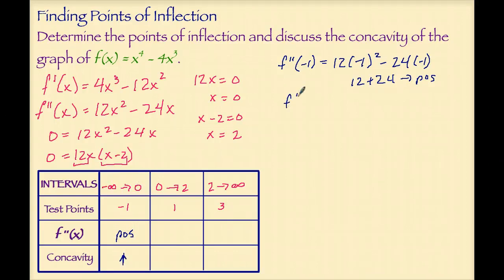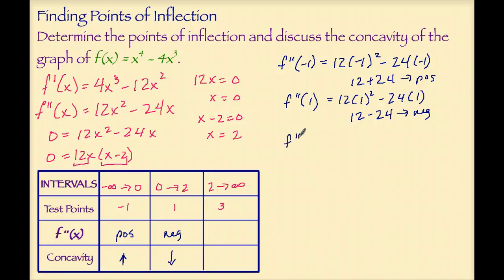Now let's find the second derivative at 1. That's our test point in this interval. We'll have 12 times 1 squared minus 24 times 1. That's going to be 12 minus 24, a negative number. So in this interval, we're going to have a concave down section of the graph.